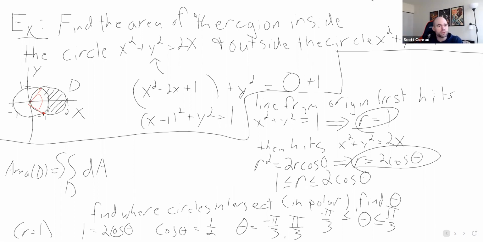So for the intersection of those two, they're both r equals something. So at the intersection, the r's are going to be the same. So we just set the right-hand sides equal to each other. So r equals 1, r equals 2 cos theta. So we set 1 equal to 2 cos theta, and then find the values of theta that satisfy that.